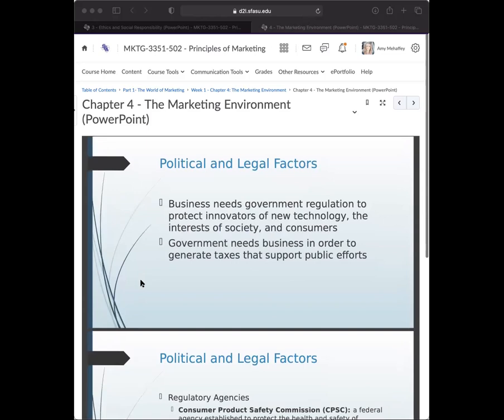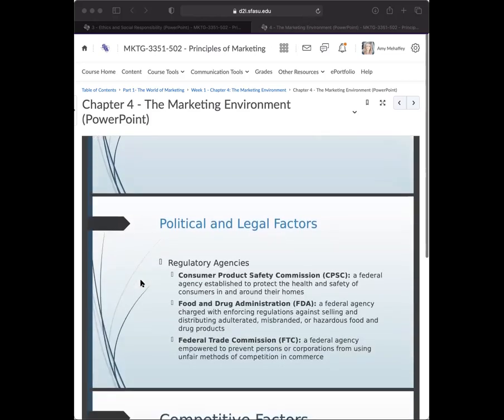Of course, political and legal factors. Let's say there's some new regulation in a certain industry that comes out and you have to adapt to that. Government comes in and regulates something, or some law is enacted that affects the way you do business. Well, you have to understand what that looks like. Different examples of this are these different regulatory agencies that you can read about a little bit.